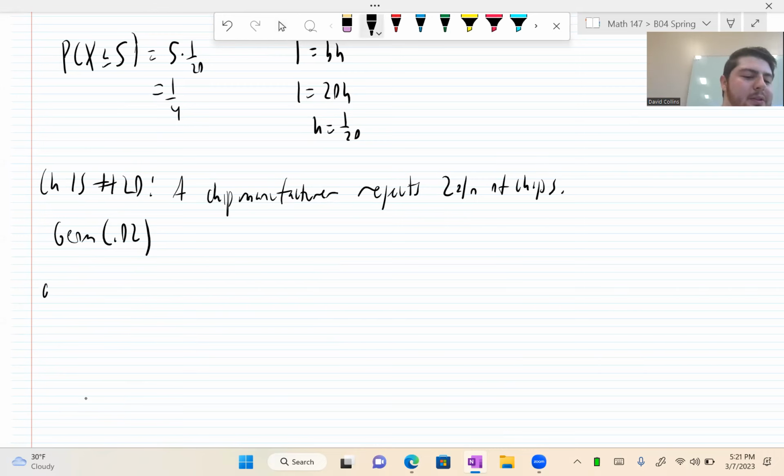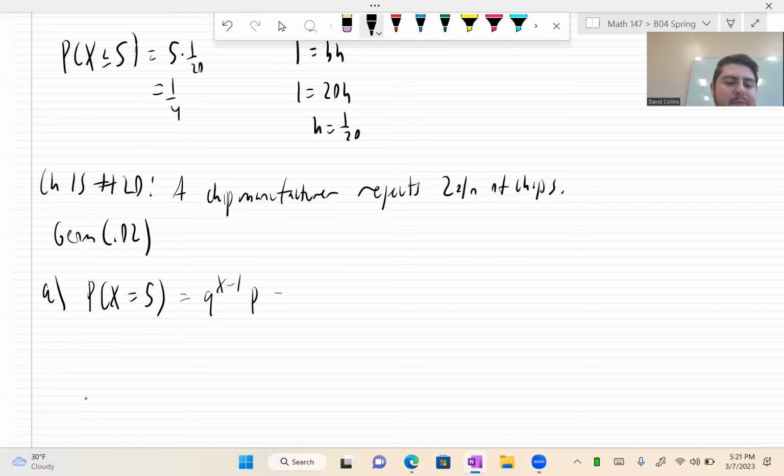Now, part A. What is the probability that the 5th chip you find is the first one that's bad? So what's the probability that the 5th trial is your first success? The probability of failure is 0.98.